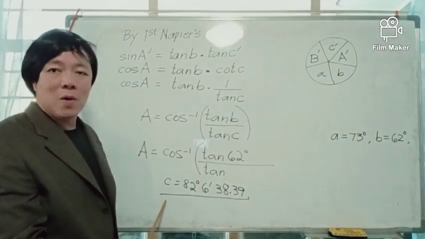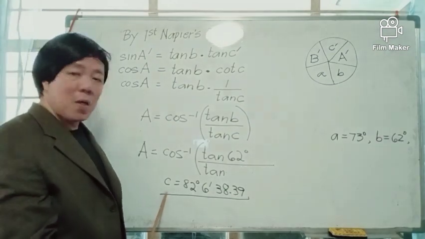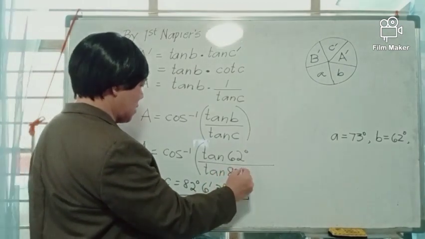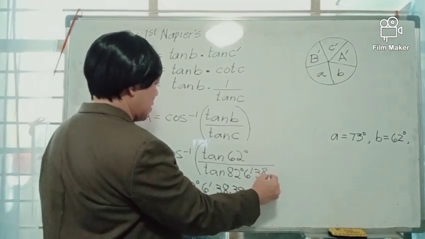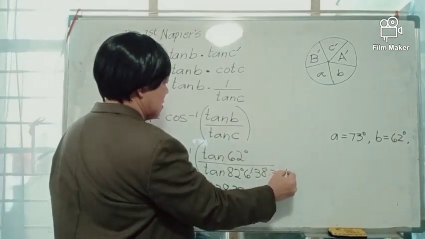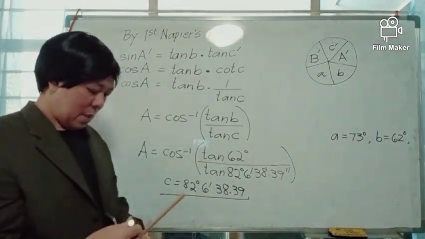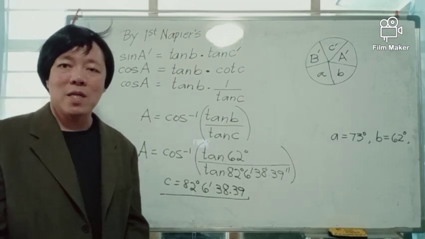We have solved for the side small c opposite the right angle capital C. Small c is 82 degrees, tangent of 82 degrees, 6 minutes, 38.39 seconds. And we compute that using our calculator.